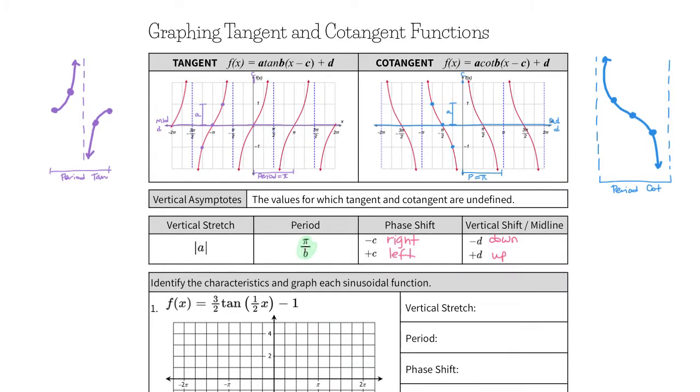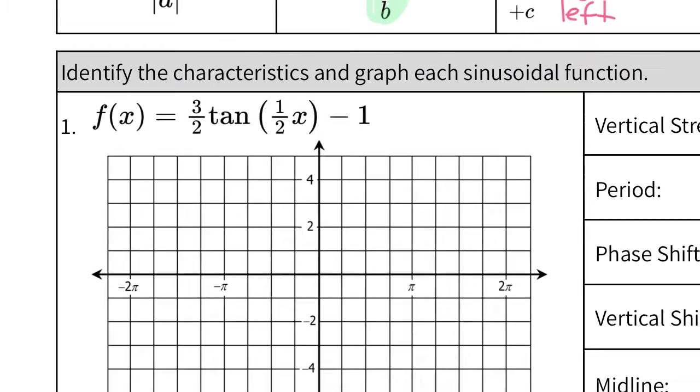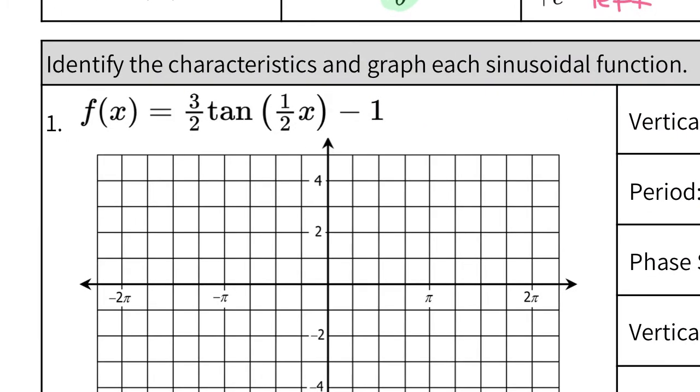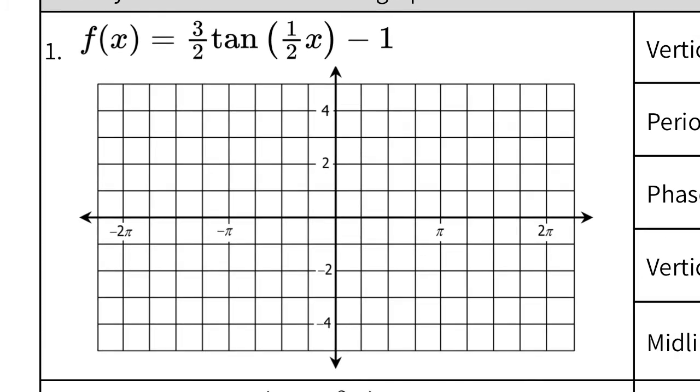So now using all this information that we have here at the top of the screen, we are going to graph two functions. We're going to graph one of each, one tangent and one cotangent. So let's take a look at the first one. We have f of x equals 3 over 2 tangent of 1/2 x minus 1.